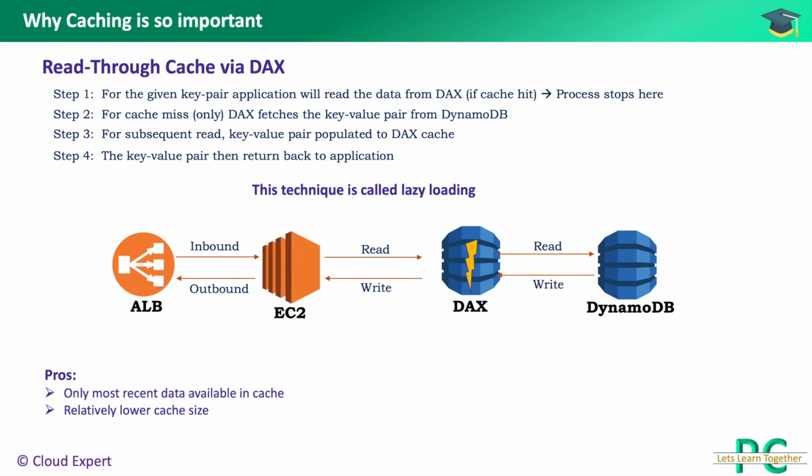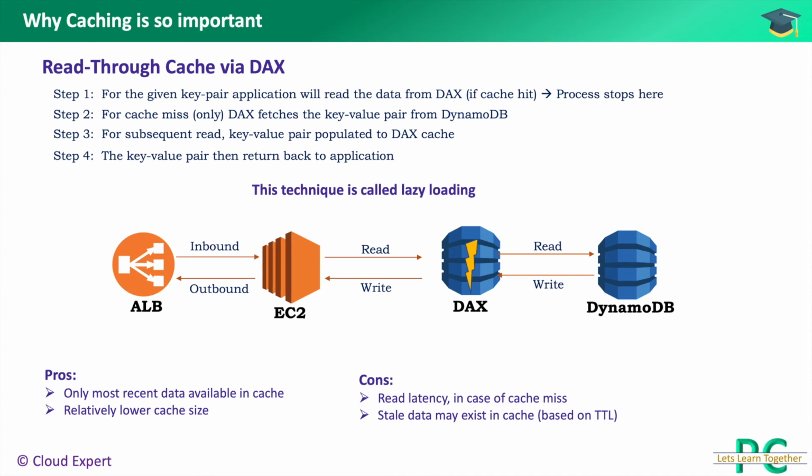That means in your application, the data that is not required by the application will never be available in the DAX cluster, or your DAX cluster will not be overwhelmed with unnecessary data. And you can plan for a relatively low cache size, because your cache will contain only recently used data.